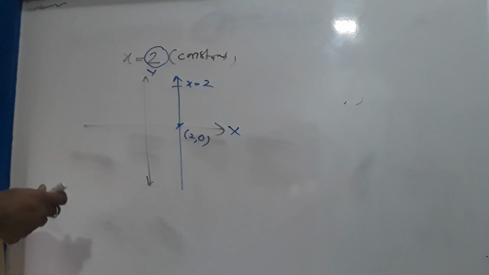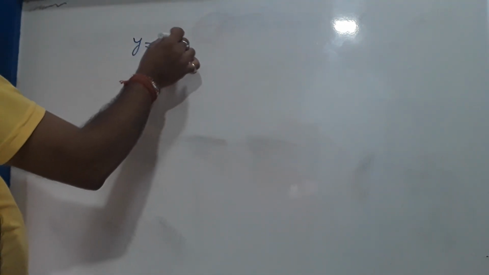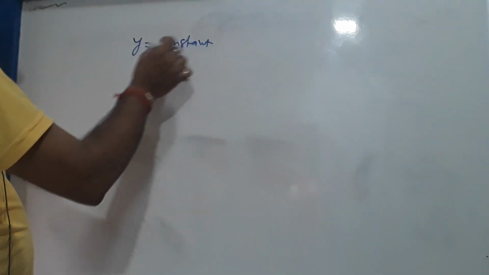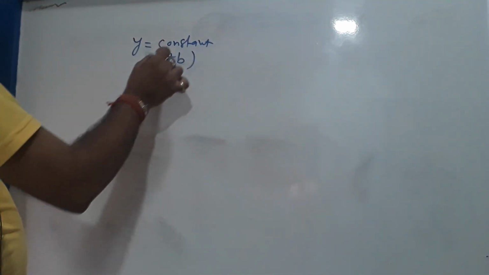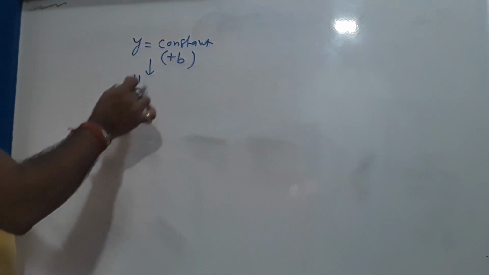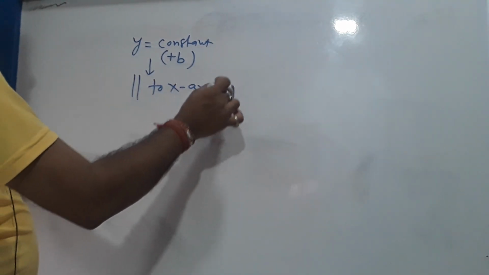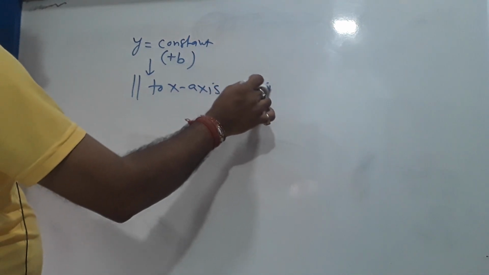Understood? Yes. Then y is equal to constant, that is b. It is a line parallel to the x axis, passing through which point?